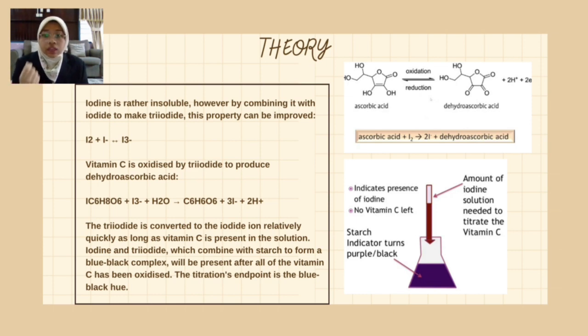Moreover, if the vitamin C has been oxidized fully, the iodine and triiodide will combine with starch and change the solution color to blue-black. As we can see in the picture, the starch indicator turns purple or black, but if we do the experiment, it is commonly blue-black. So the blue-black color will be the endpoint of the titration.